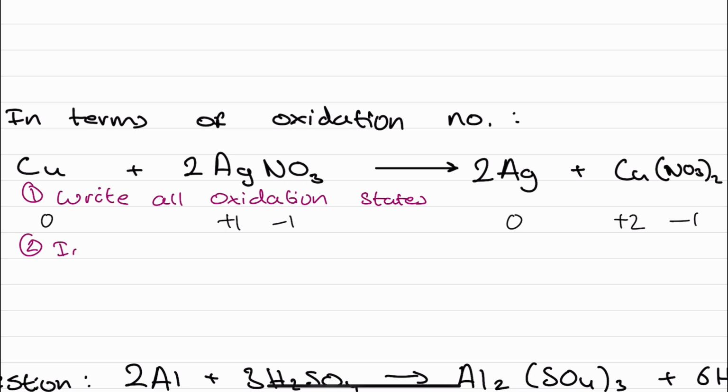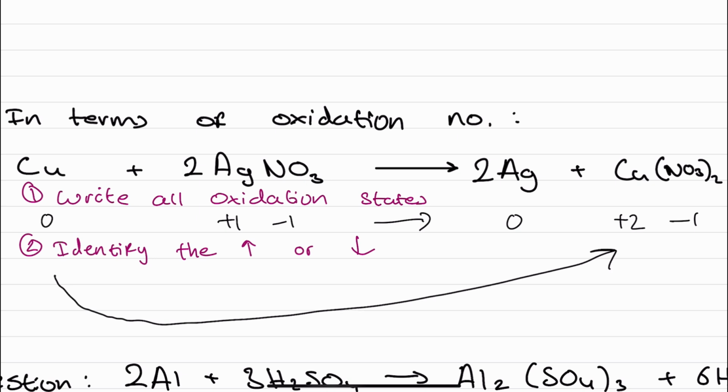Step 2 would be to identify the increase or decrease. So, if I just write the arrow there, we know that copper on this side has increased to +2. And we also know that silver on this side has decreased to 0.